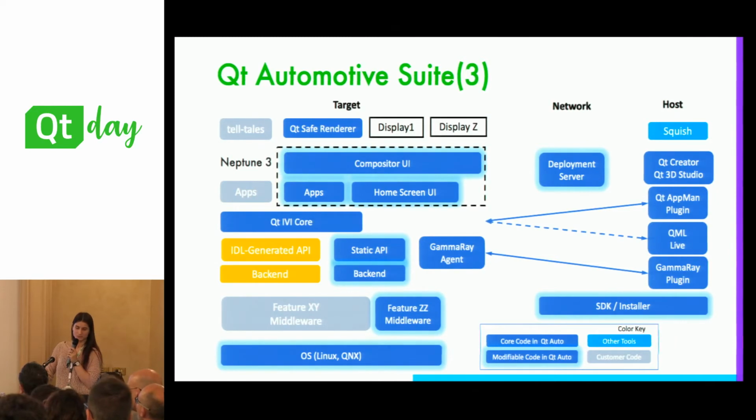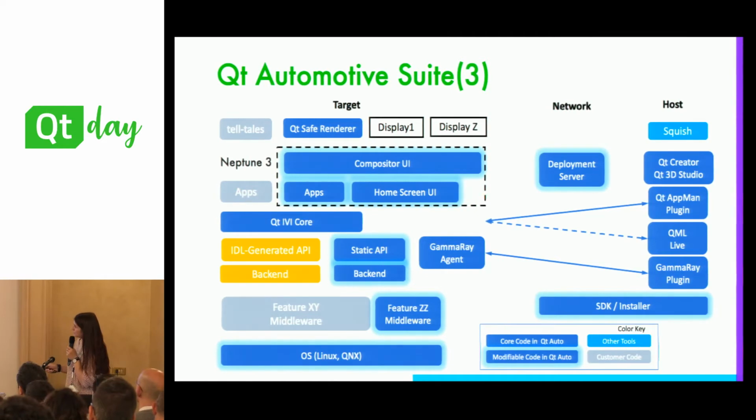Now, that's a more detailed graph of the architecture used. We have the telltales, which are the icons on the cluster. This is what they're called. They are rendered by the safe renderer, and we have the displays. We can have up to unlimited, so that's why it isn't shown here.